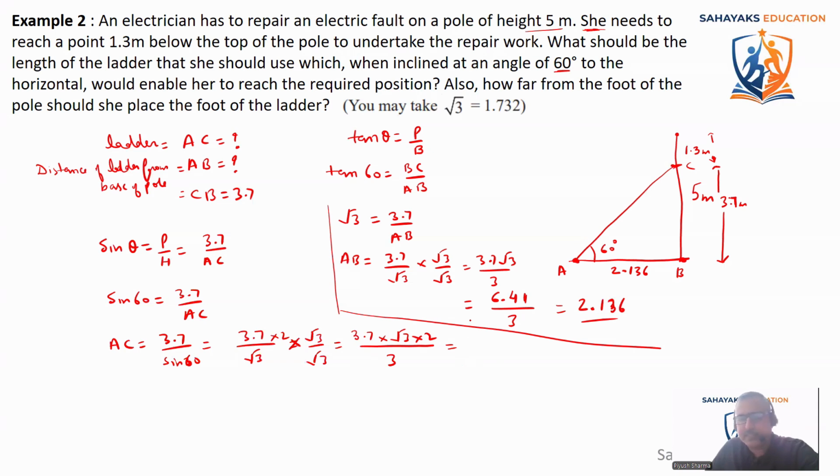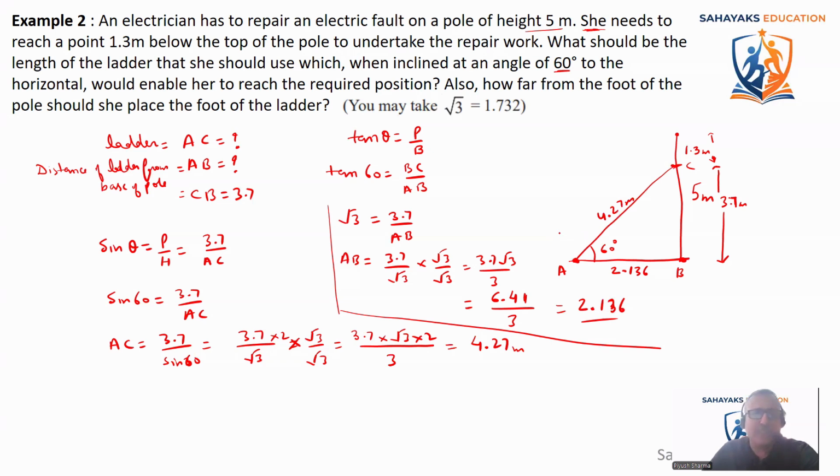It was 2.136. So here it will be multiplied. This comes as 4.27 meters approximately. Okay. Wasn't it pretty simple? We have to only use the ratios and put the values and get the answer.